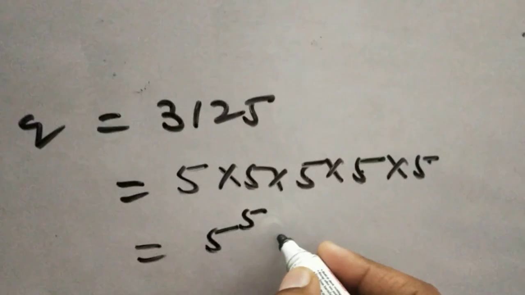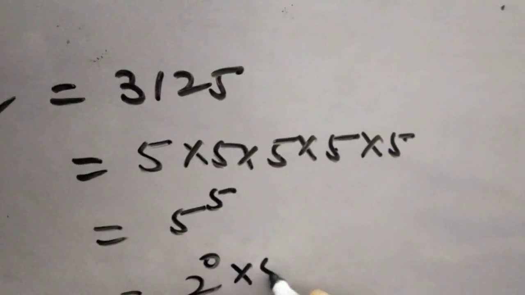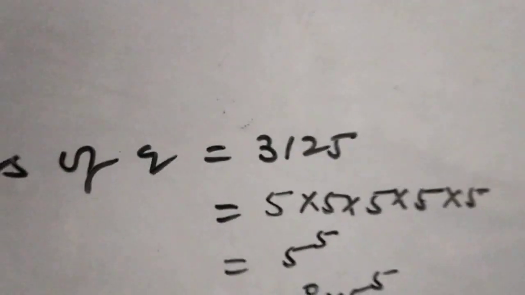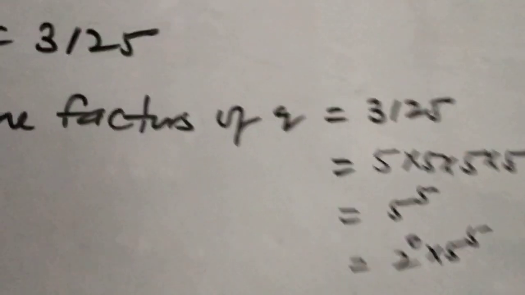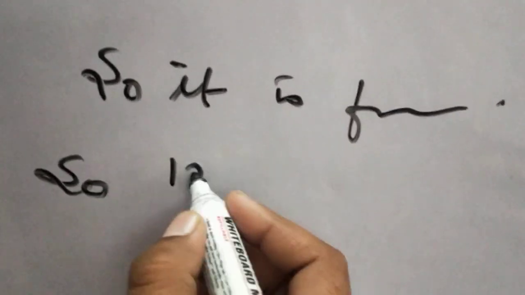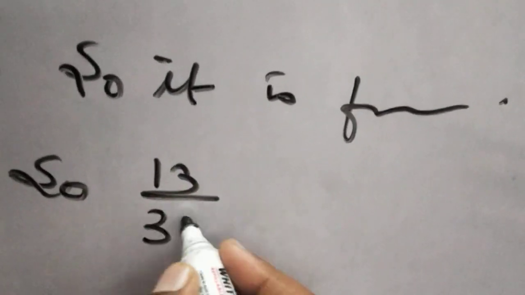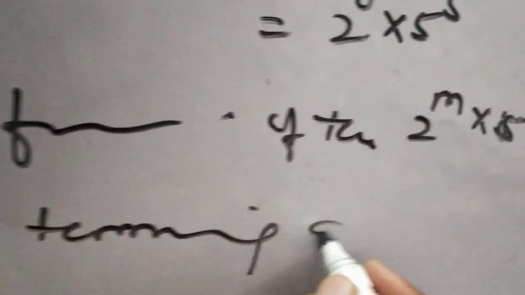So you can write 2 to power 0 into 5 to power 5. So it is in the form of 2 to power m into 5 power n. So 13 upon 3125 is a terminating decimal.